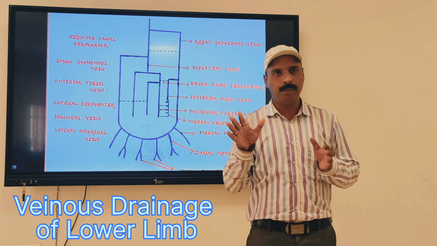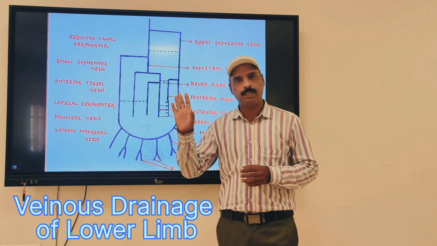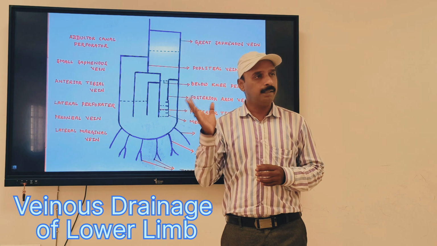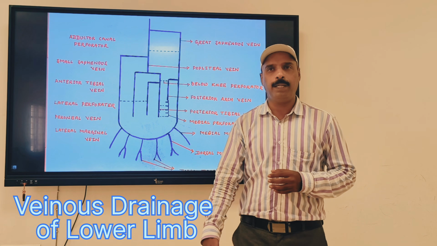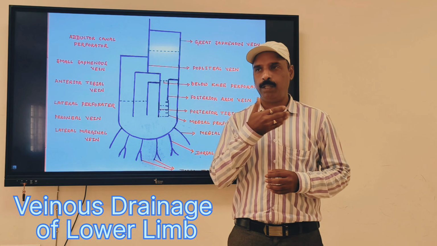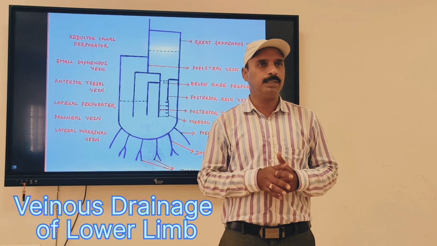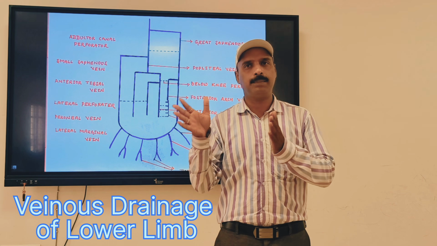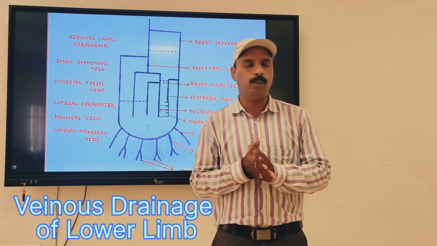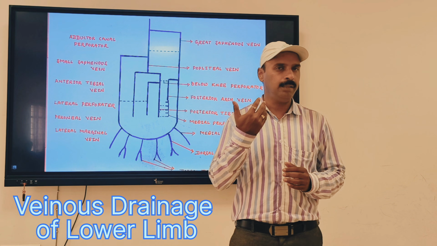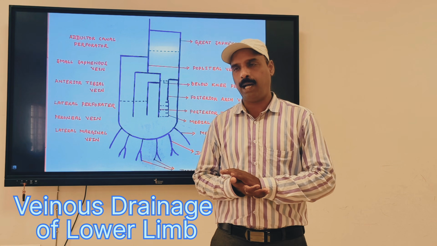Why is it important? Because the pressure of the venous blood is less compared to the artery, and the lower limb venous blood has to ascend upward and reach the heart. So this is very important: low venous pressure, and the blood has to ascend against gravity and go towards the heart.